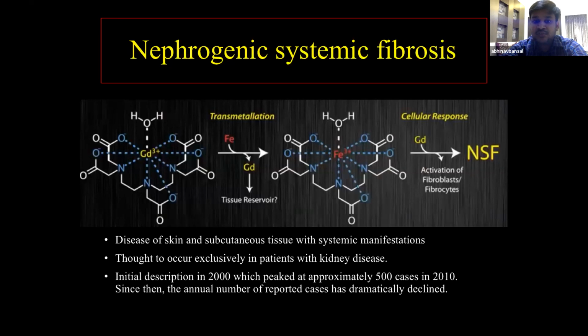However, it is postulated that it occurs because of transmetallation of the gadolinium ion in the compound by various ions in the body like iron or zinc, which release the free gadolinium into the body, and it is later deposited into skin and other visceral organs like liver, spleen, even lungs. And there it induces the activation of fibroblasts and collagen synthesis, which leads to the manifestations of nephrogenic systemic fibrosis.